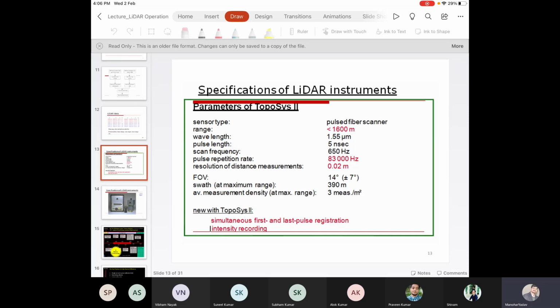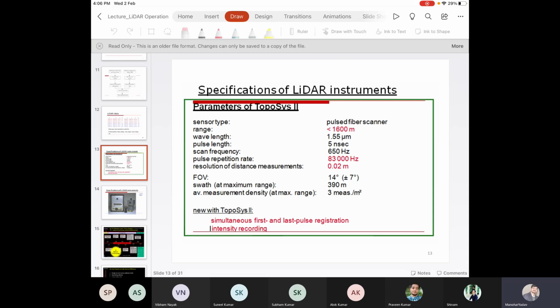How many scan lines we are covering in 1 second is equal to this scan frequency. Pulse repetition rate, actually it's the pulse firing rate, is 83 kilohertz. Resolution of distance measurements is 0.02 meter. Field of view, we have already discussed, is 14 degree.